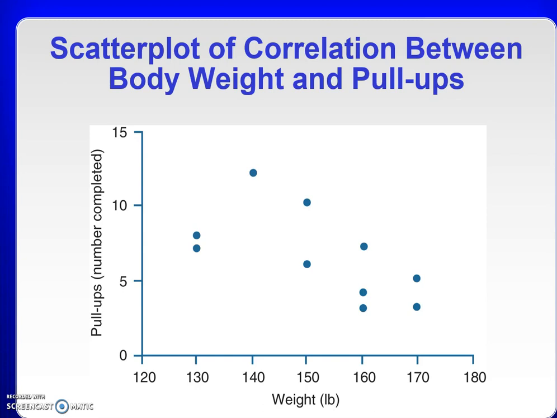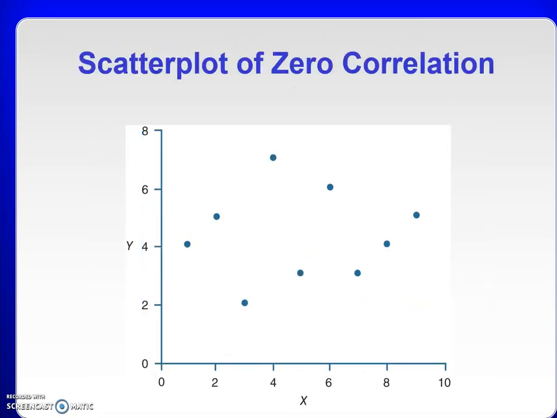And so this, again, would be considered a rather high relationship, but in a negative, a minus, because one variable is increasing while the other variable is decreasing. Now here's an example of a scatter plot that has no, or zero, relationship. And as you can tell, it's pretty much all over the place.